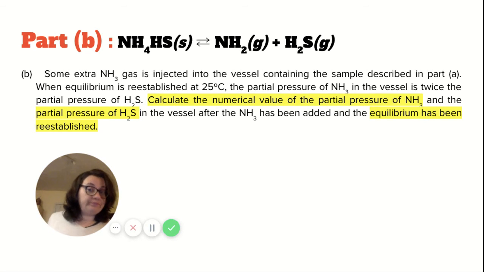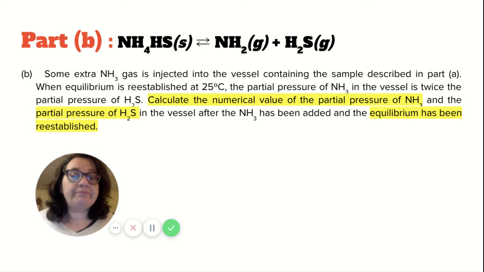Okay, so we had equilibrium. We had 0.33 atm of each. Someone came by and injected. I just noticed that 2 should be a 3. I'm sorry. That's a 3. Someone injected some extra NH3, which is a stress on the equilibrium and is going to cause a shift.